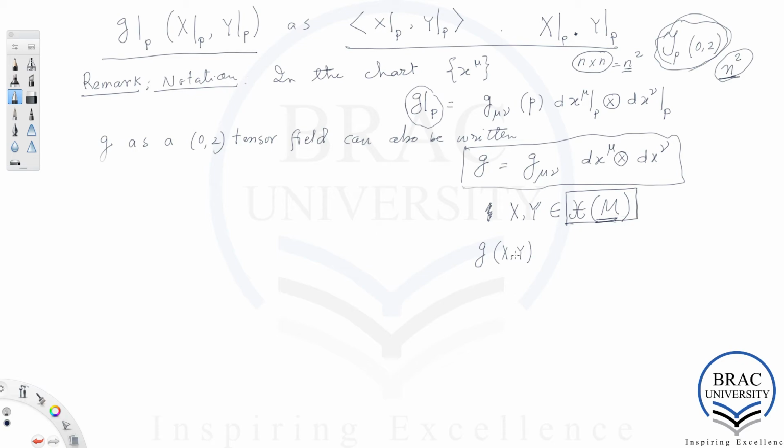Out of a tensor field, we define a map like this, and this at P is supposed to be a number, and this number is nothing but g at P acting on X at P, Y at P. And we have studied in lecture 3 that if we write g_mu nu at P dx^mu at P tensor dx^nu at P, this is going to act on this pair of tangent vectors.